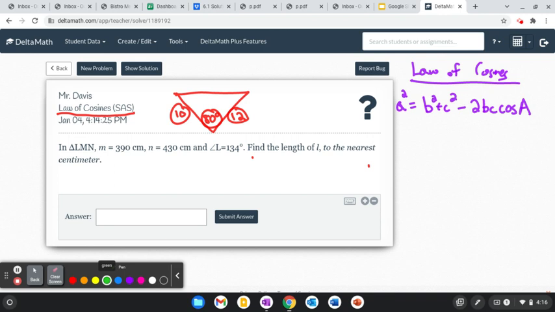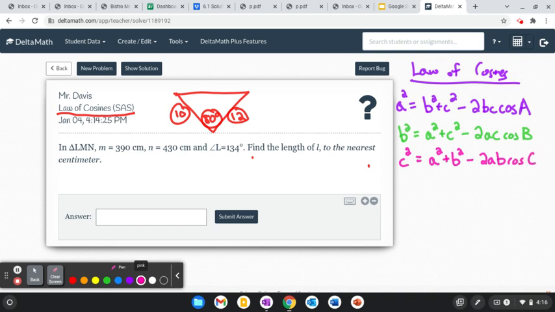Another way that you can write the same law would be little b squared equals little a squared plus little c squared minus 2 little a little c cosine of big B. And the third way we could write this is little c squared equals little a squared, and you might be able to start filling in this pattern, plus little b squared minus 2 little a little b cosine of, you guessed it, big C. So this is generally what you would see if you, for instance, Googled the law of cosines.